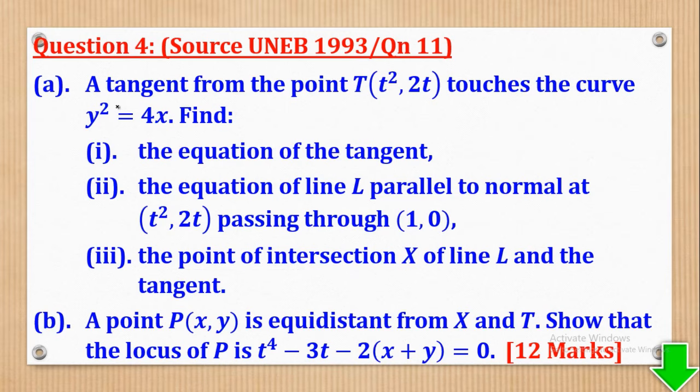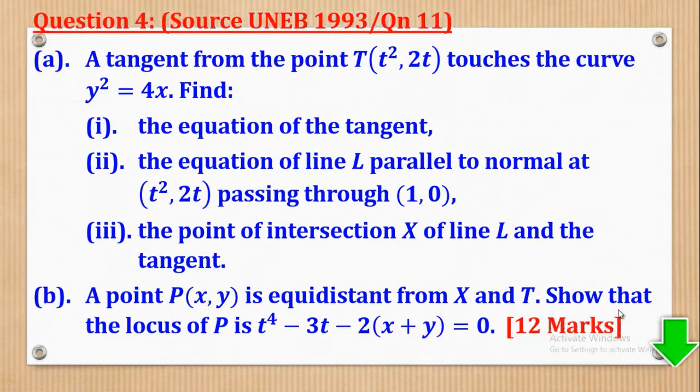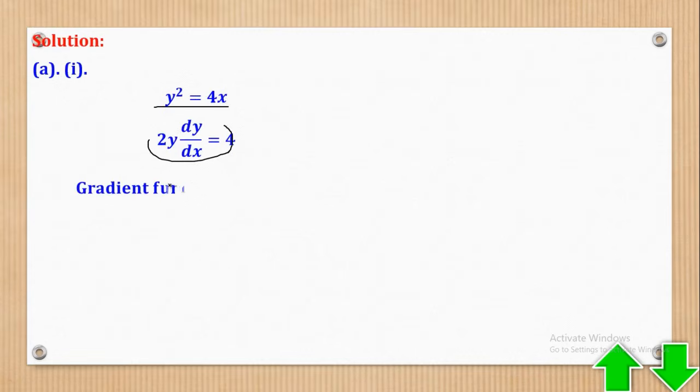We have the equation of the tangent at this point on this curve or parabola. So this is the equation of the parabola. Differentiate both sides, make dy/dx the subject to get the gradient function.